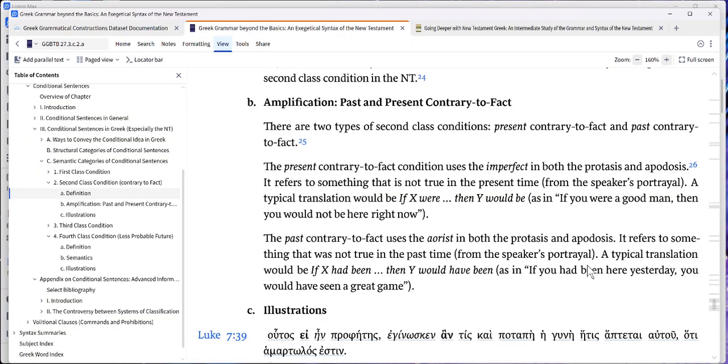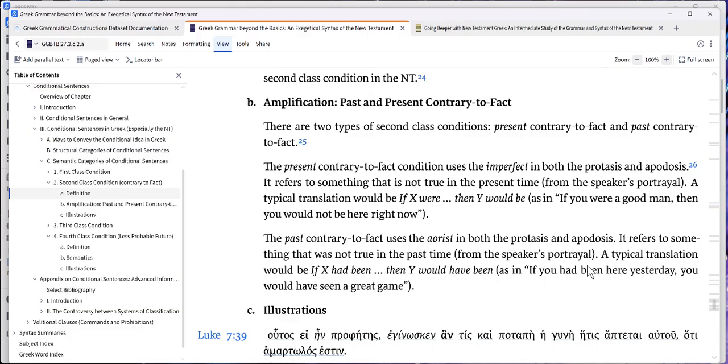And then he adds this down here, the amplification of past. There are two types of second class conditions, present contrary to fact and past contrary to fact. Present contrary to the fact condition uses the imperfect in both the protasis and the apodosis. It refers to something that is not true in the present time. A typical translation would be, if X were, then Y would be.